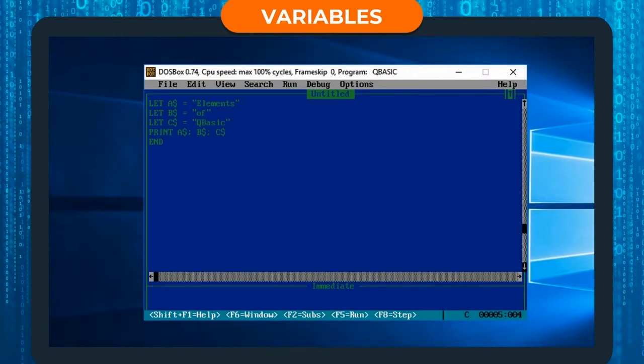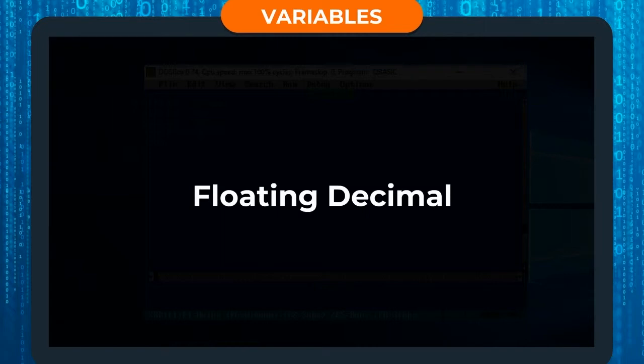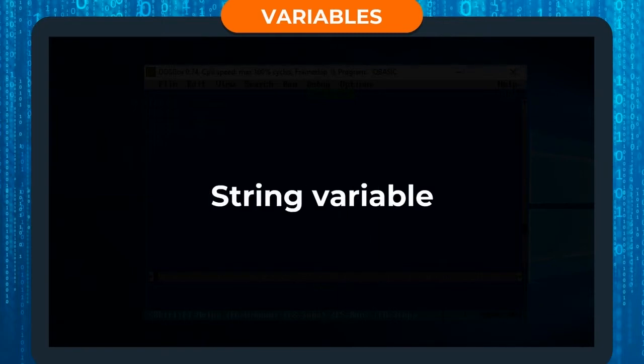A variable has a type which is defined by the kind of value it holds. If the variable holds a number, it may be an integer or a floating decimal. If the variable holds symbols or text, it may be a character variable or a string variable.